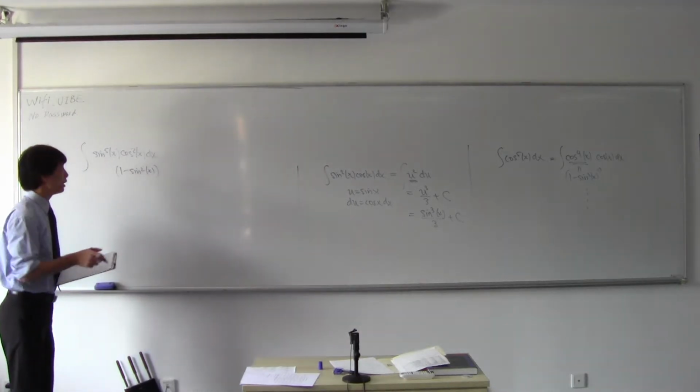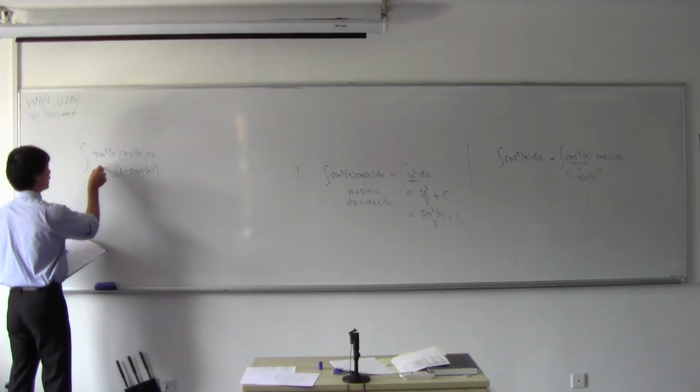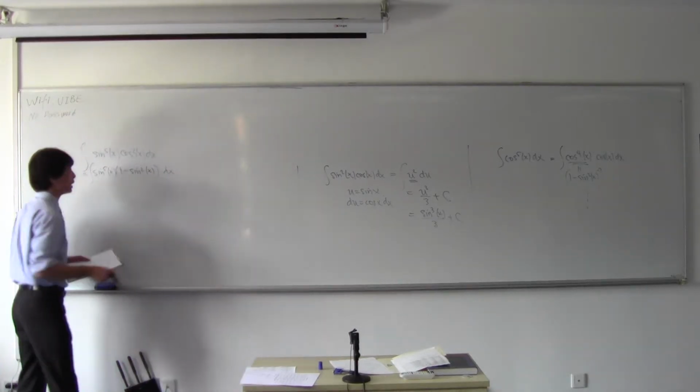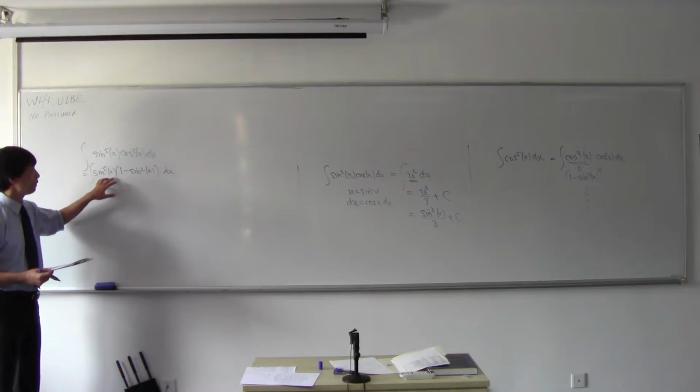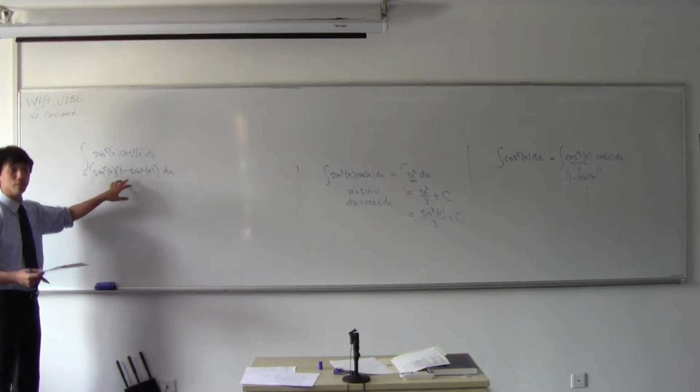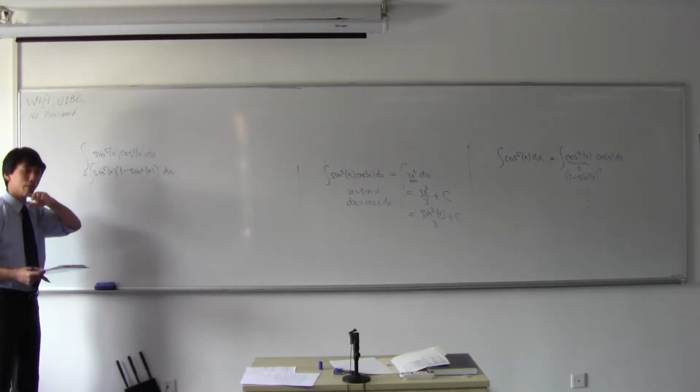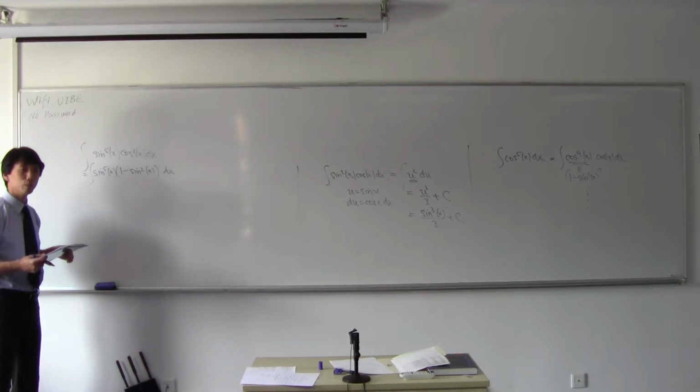Okay. And then what would you do with that? You've got the sine to the fifth, so you're going to get sine to the fifth minus sine to the seventh. What do you do with that afterwards?